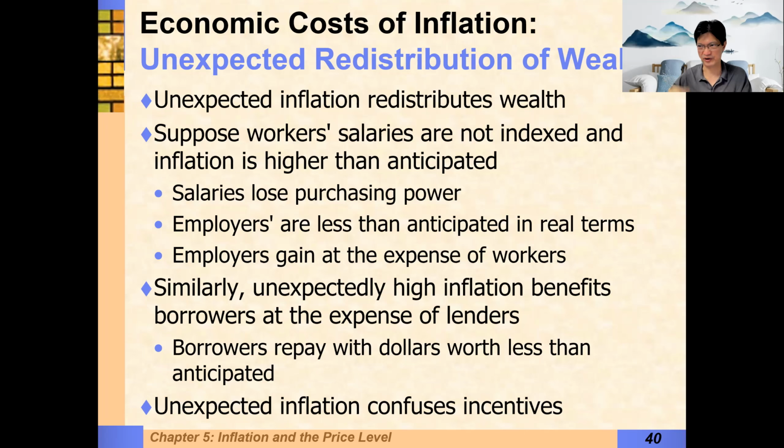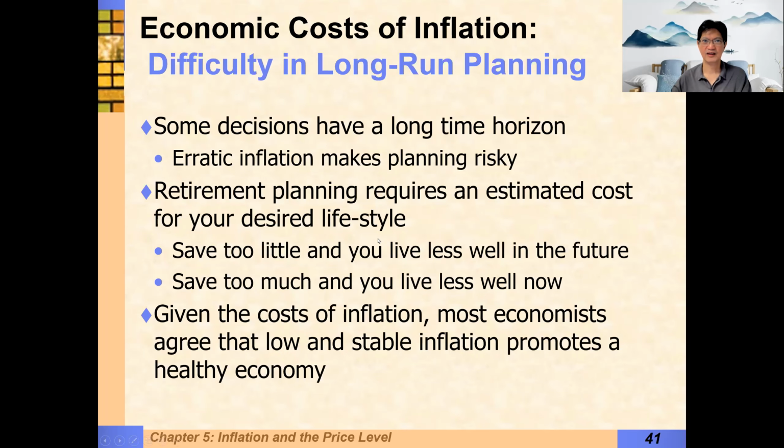And so that's just going to reduce economic activity. So yeah, it comes down to the same thing: it makes long-term planning difficult. It makes it difficult for people to make investments, to do business. So it's just going to slow down economic activity, slow down investments, make economic growth lower.